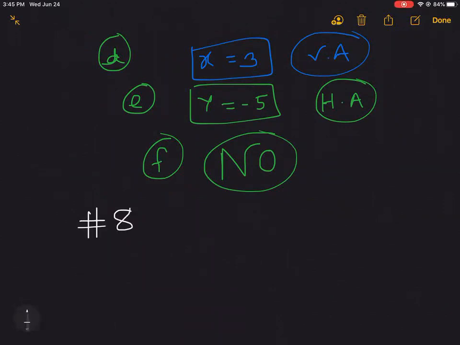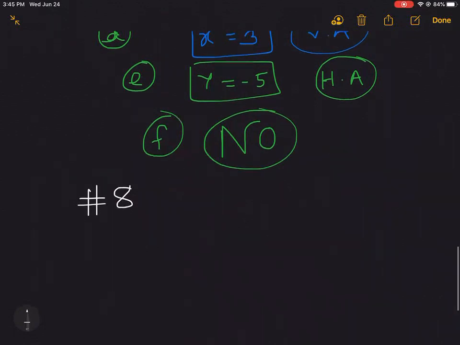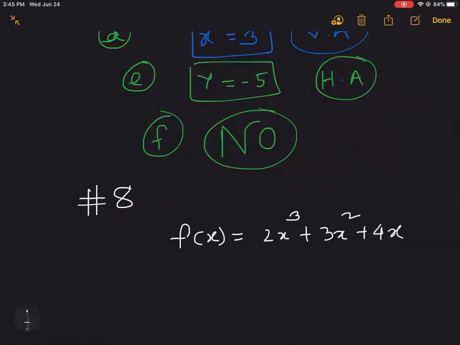Okay. Graph the following polynomial using the graphical tool. Okay. So first of all, let's write the function 2x cubed 3x squared plus 4x plus 6.